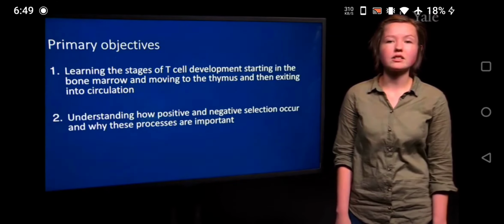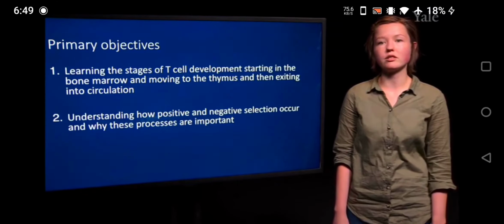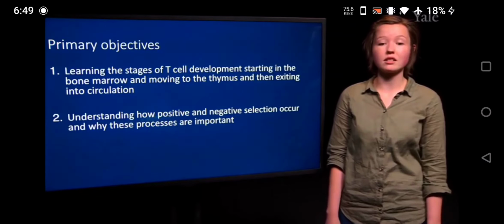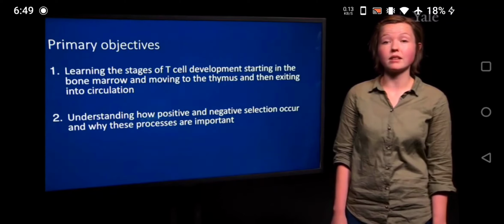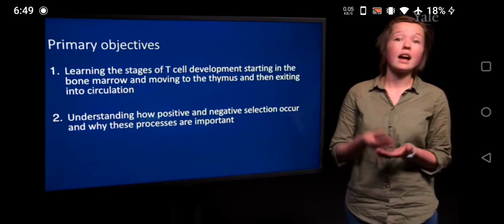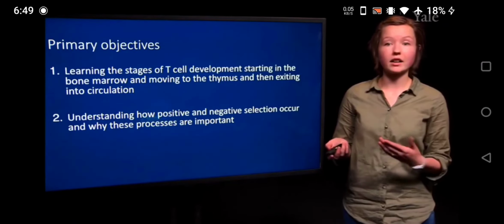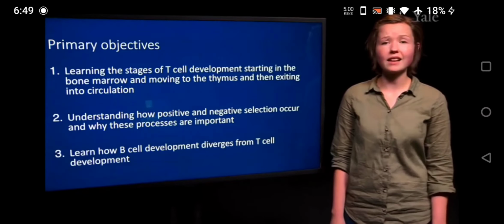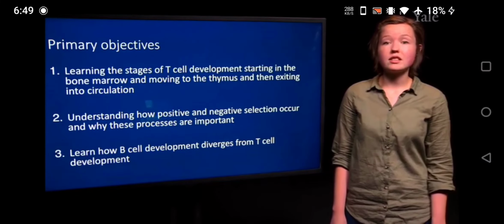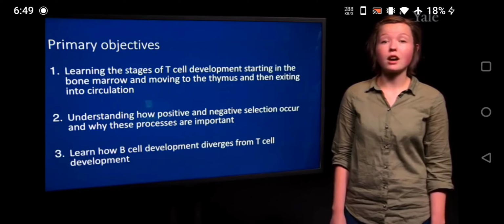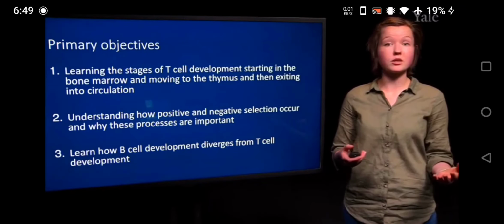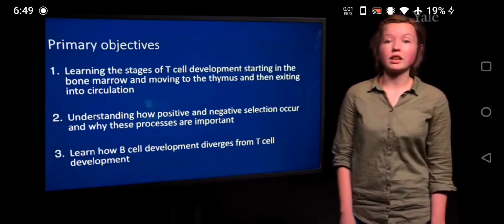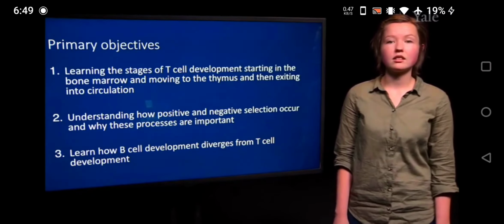Second, we want to understand the processes referred to as negative and positive selection and why they are particularly important in T cell development. So we will go through how they happen and why they matter. And lastly, we want to distinguish T cell development from B cell development, comparing and contrasting the similarities, which there are many, and looking at their differences.